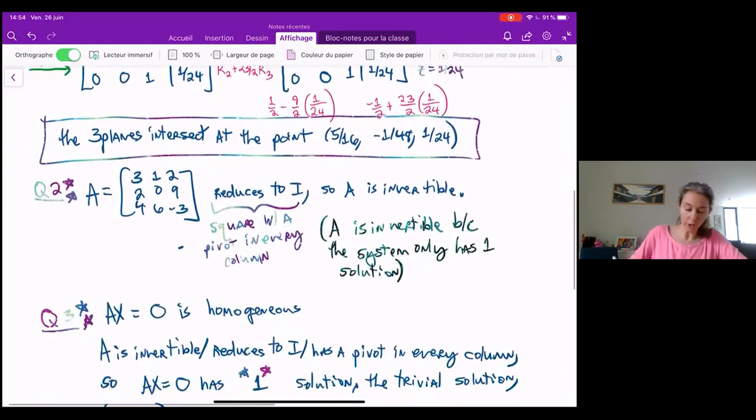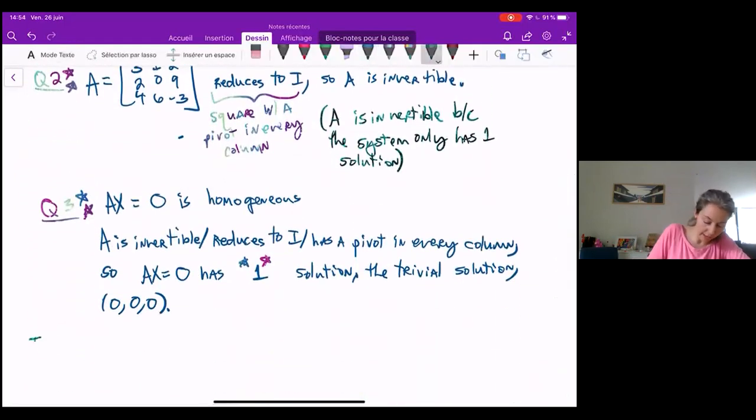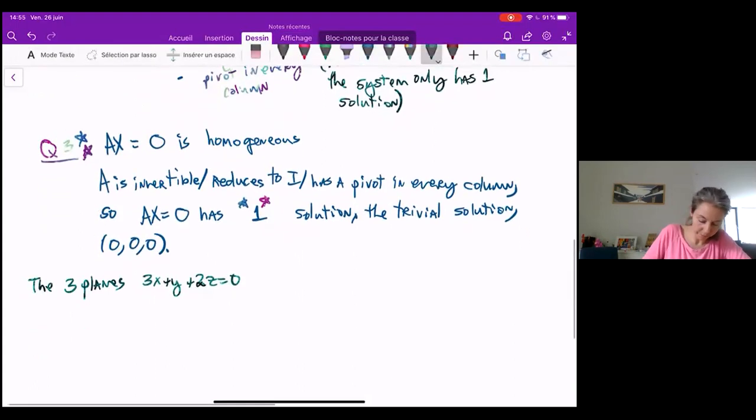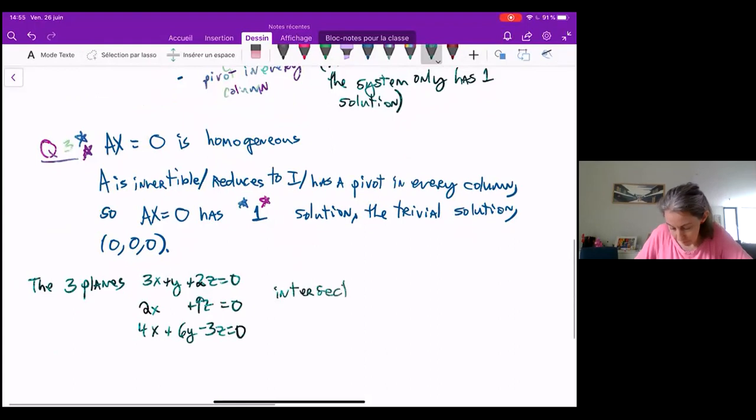So in other words, we could say down here, the 3 planes 3x plus y plus 2z is equal to 0, 2x plus 9z is equal to 0, and 4x plus 6y minus 3z is equal to 0, intersect only at the origin. And that's all.